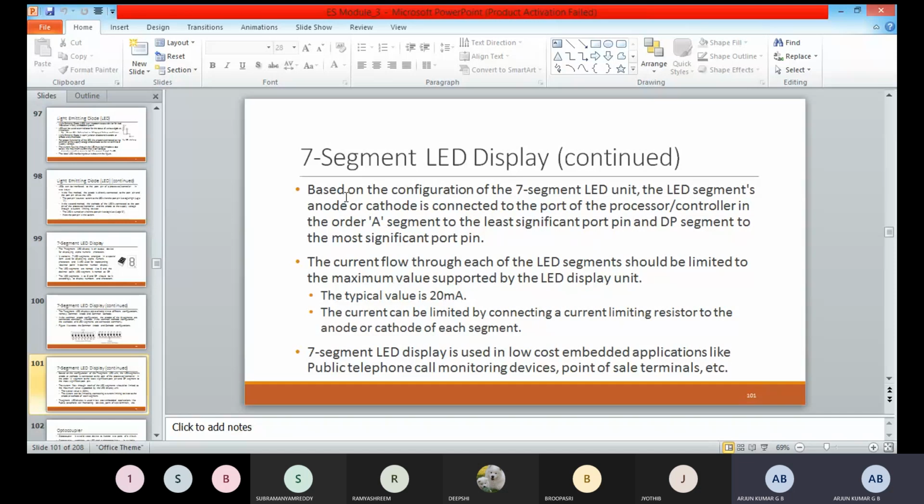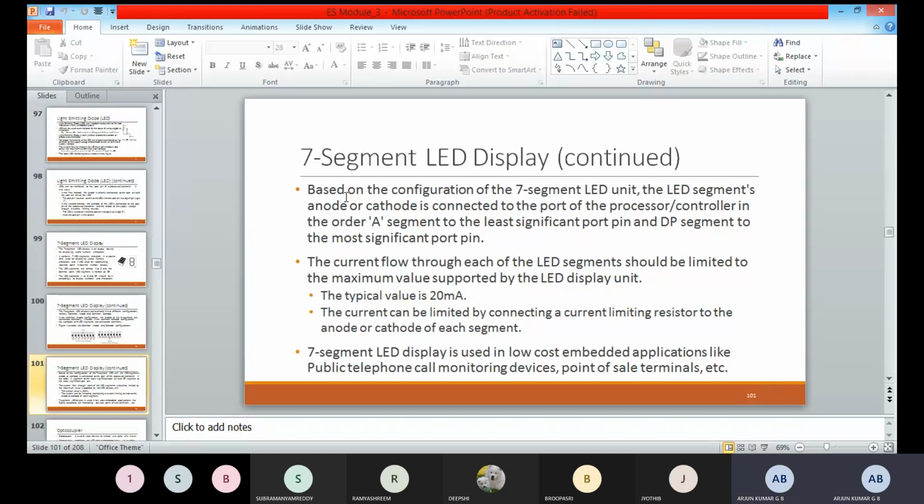All the 7 segments are connected to the port of the processor or controller, either all 7 cathode or all 7 anode terminals, in the order of A. It will start from A, as you observe in the figure, and end at DP.